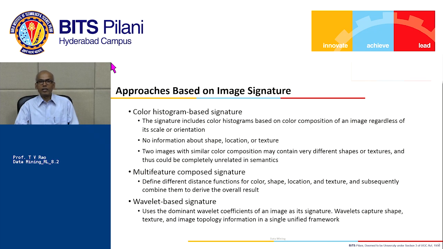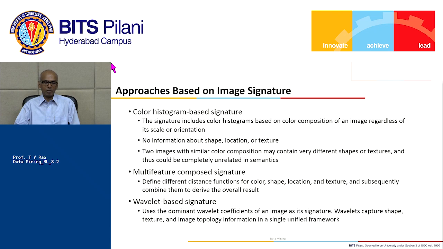When we are trying to identify images or multimedia objects through features, we may consider creating a signature for each of those objects. Let's say we are talking about images. Then for an image, the signature may be based on the color itself.